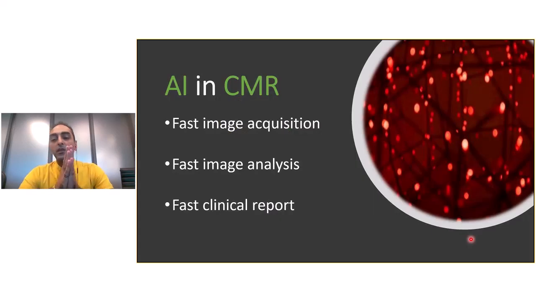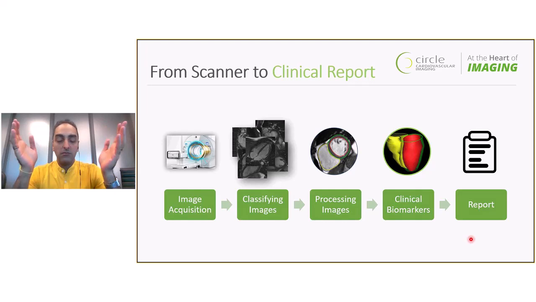So far we talked about the importance of CMR in cardiac imaging. Now I want to talk about the role of AI in cardiac MRI. AI can help automate the whole process of going from image acquisition all the way to the report. And we can use artificial intelligence and deep learning techniques to essentially automate a lot of the tedious tasks that the clinician needs to do.